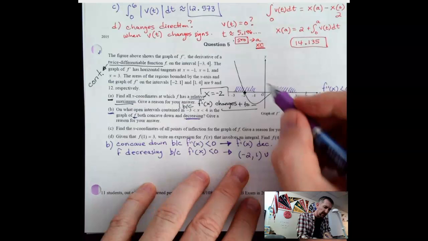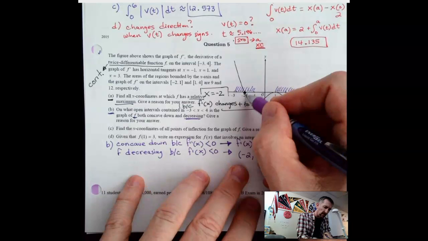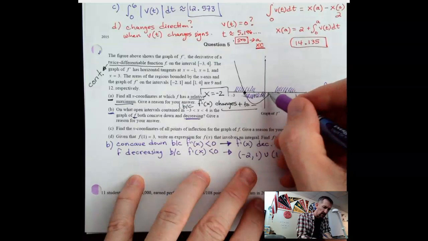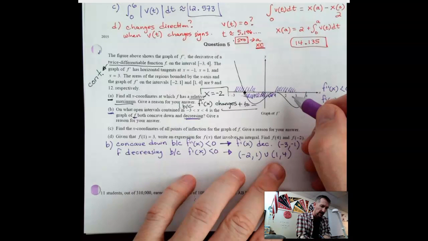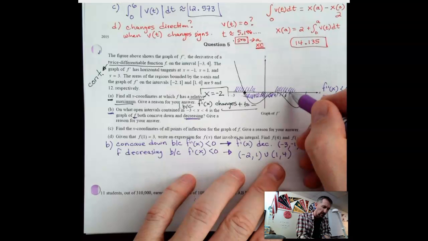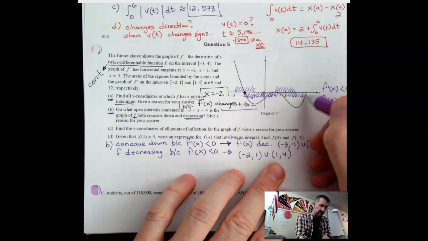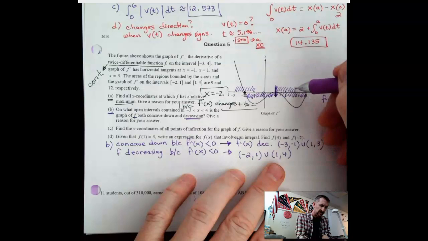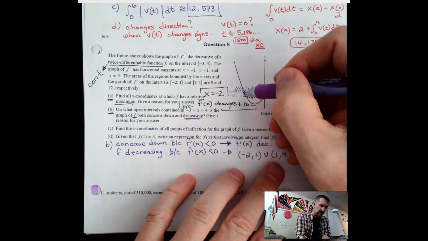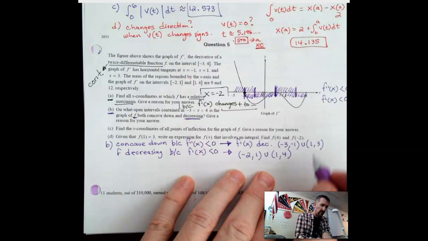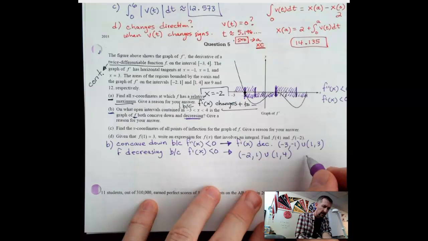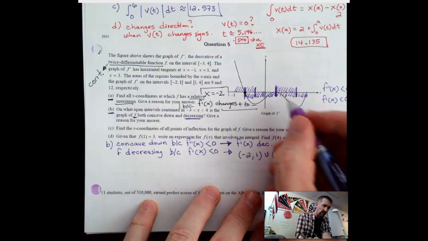So that's -2 to 1 and 1 to 4. So the overlap is there and there. So that's going to be -2 to -1 and 1 to 3.